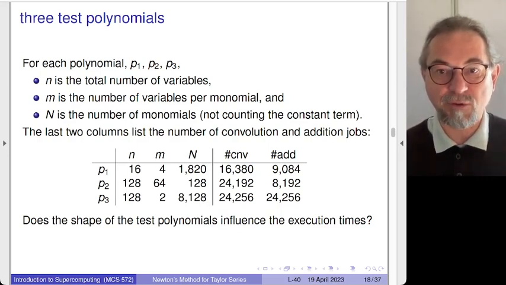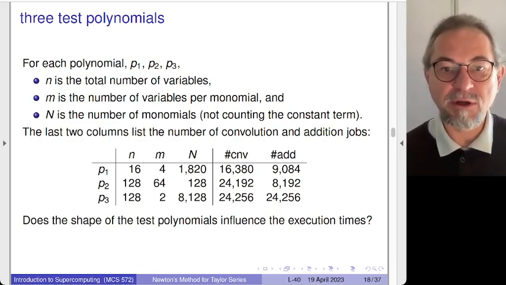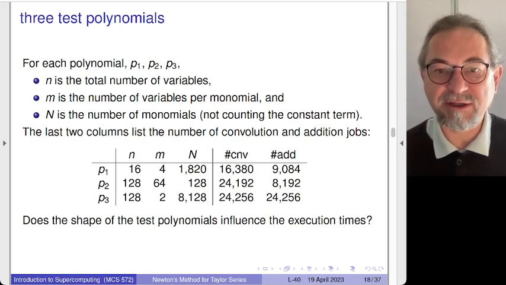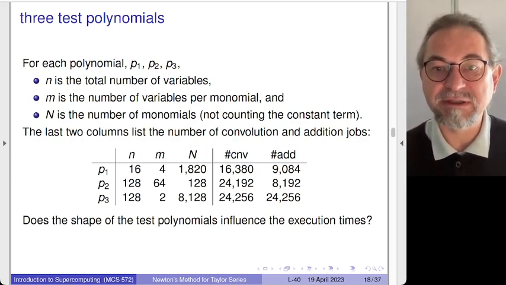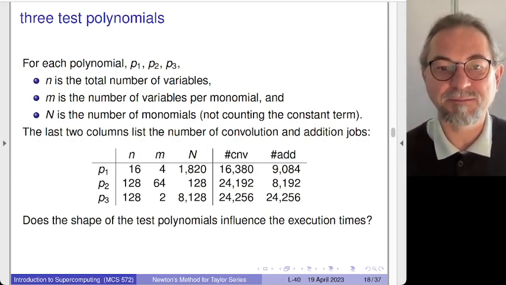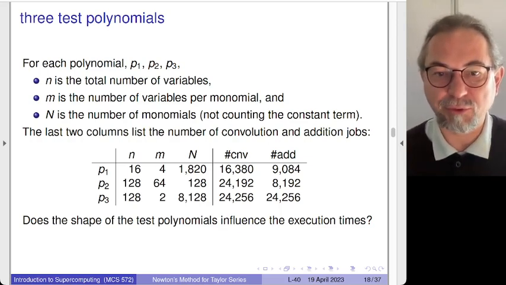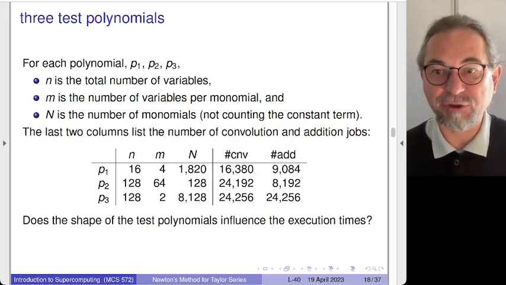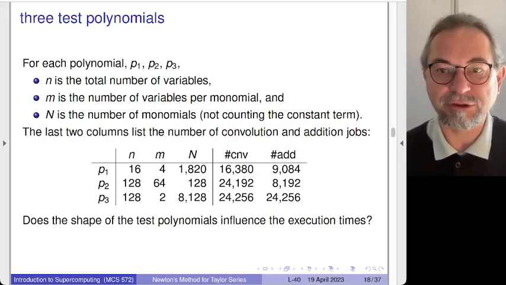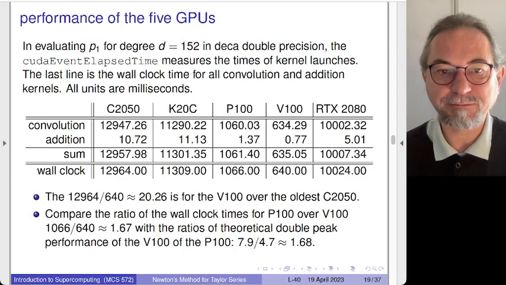The number of convolutions and the number of addition jobs is pre-computed. It's a good indication that the number of convolution jobs is in the 10,000s. So the shape of the polynomial should not matter that much as long as you have sufficiently many convolutions and addition jobs.